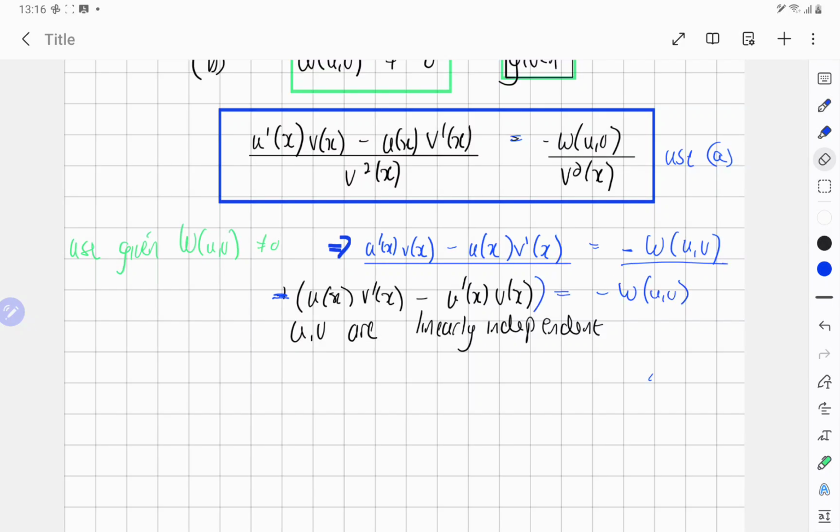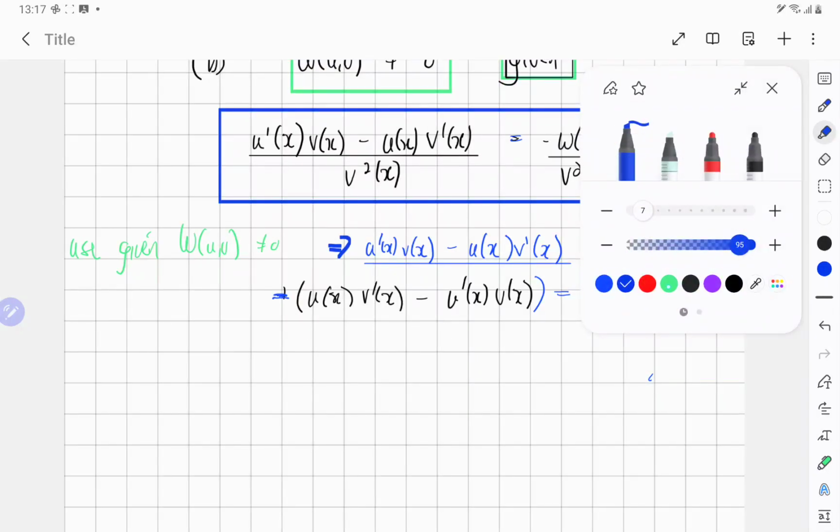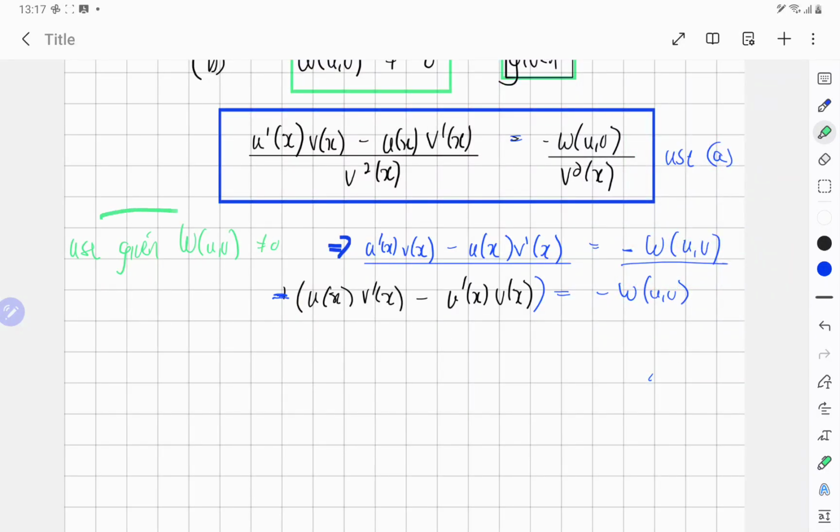Now I will use what they have given me, that the Wronskian is not zero. But first I can also divide by negative on both sides. So my Wronskian is not zero. So what do I know now?